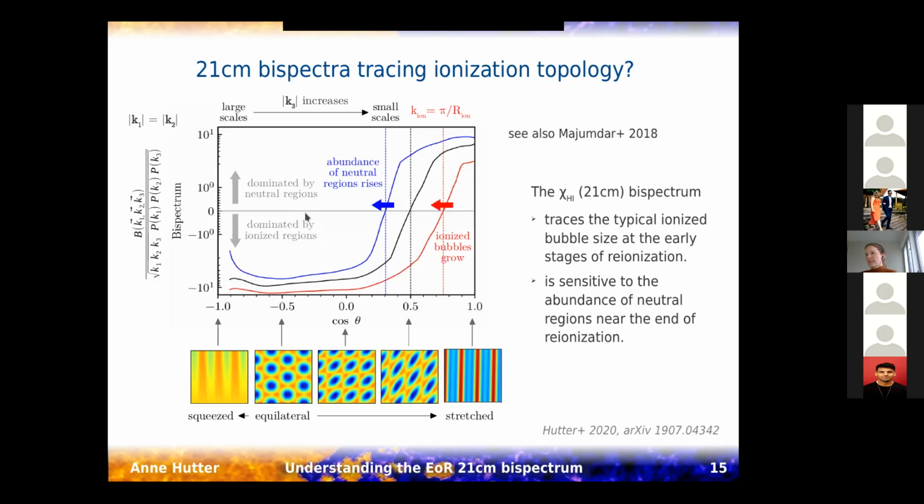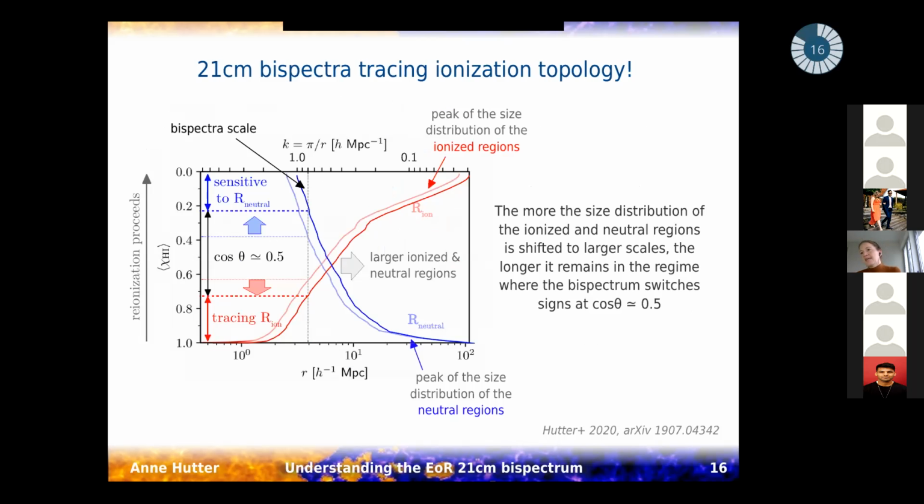But how will this distinguish between different ionization topologies? If we go back to this plot, we can say that if we have larger ionized and neutral regions, then the peak of the size distribution of the ionized and neutral regions will shift to larger scales. What this will result in is that the times, or the average neutral hydrogen fractions, at which you are in which regime will change.